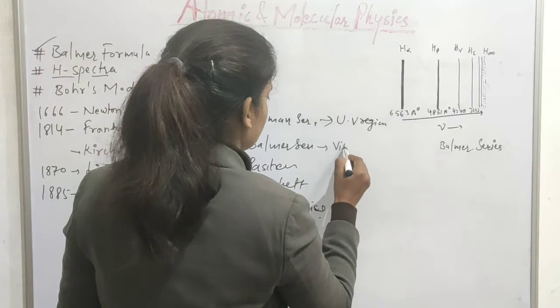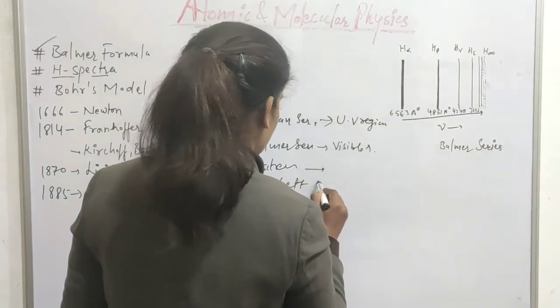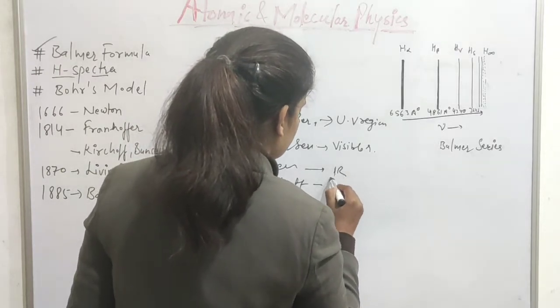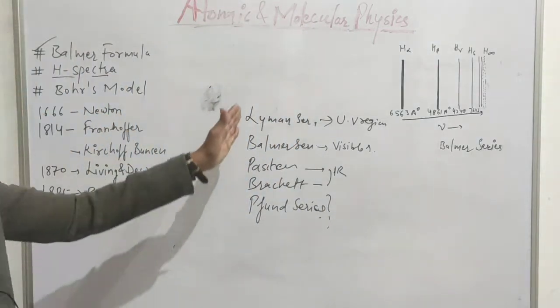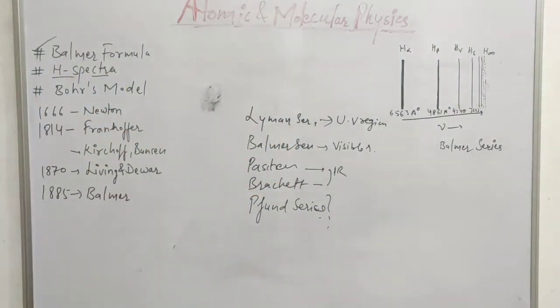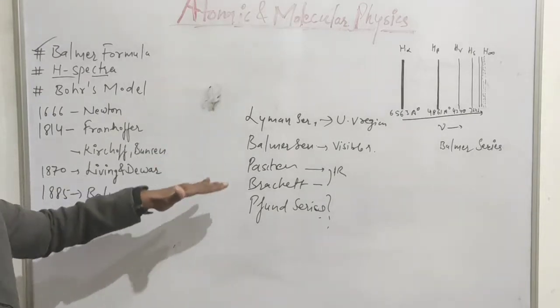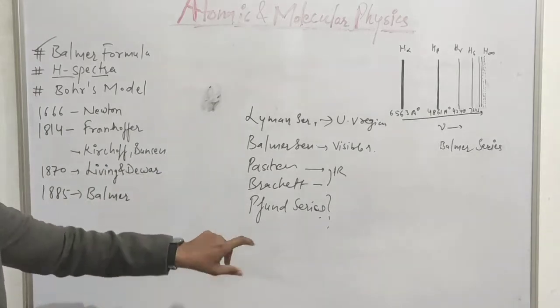Balmer comes under the visible region, and Paschen and Brackett come under the near IR and far IR regions, and as we go towards higher, the electromagnetic spectrum continues. So this was the naming for the spectral lines of the hydrogen atom: Lyman, Balmer, Paschen, Brackett and Pfund.